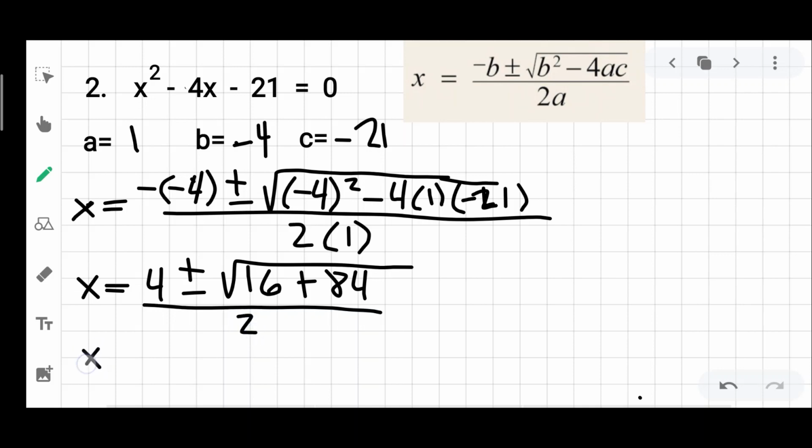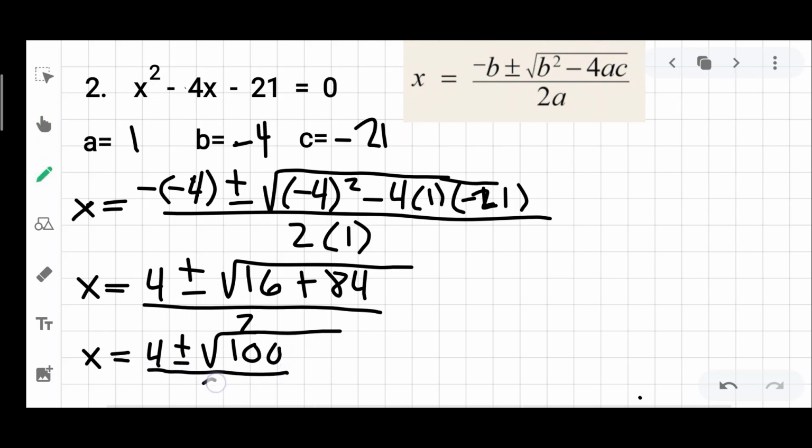So, bring down x equals 4, positive and negative. 16 plus 84, the answer is 100. Okay. Again, 16 plus 84 is 100.